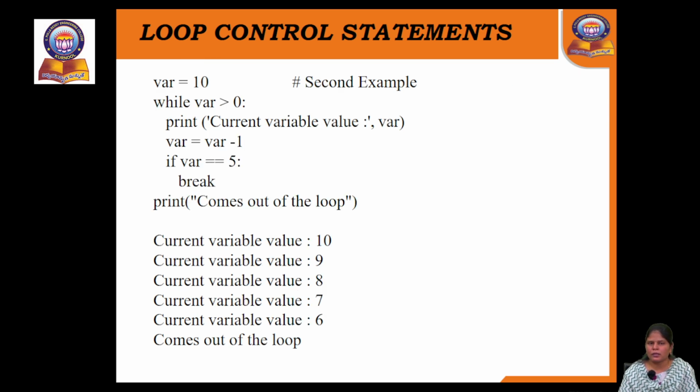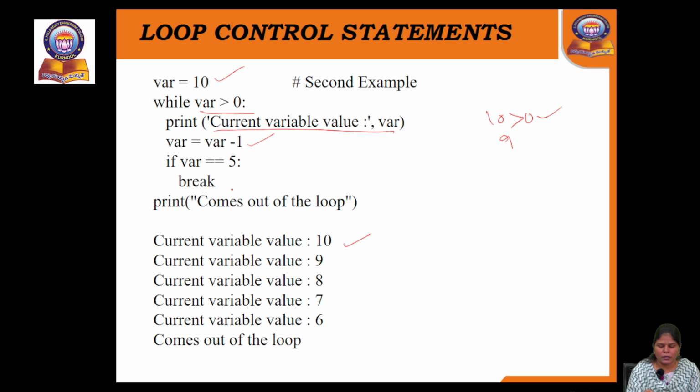Next we will be seeing the break with while, right? So first I am considering a variable var equal to 10, var greater than 0. So 10 is greater than 0, condition is true, right? So now condition is true, so it will print the current variable, 10 will be printed. Now var will be decremented, so now it will become 9.